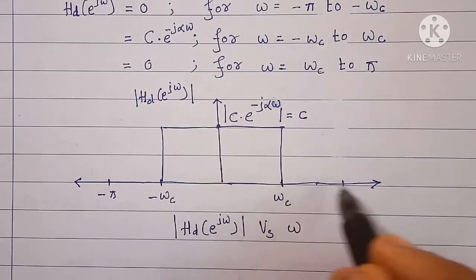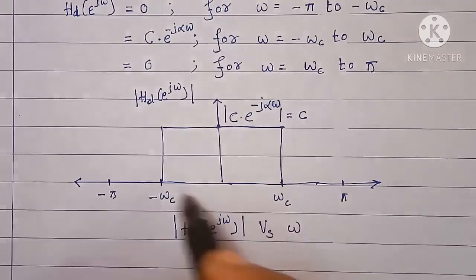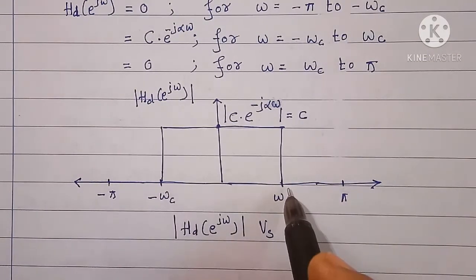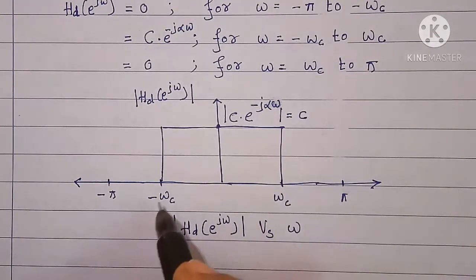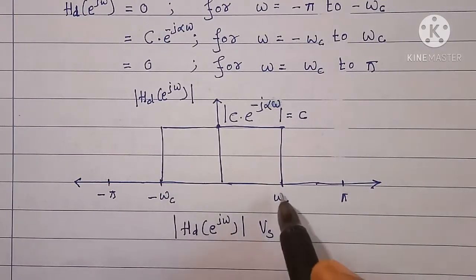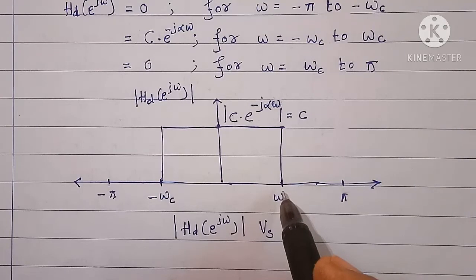And again from omega c to pi, the magnitude is equal to 0. So from minus omega c to omega c we are having the pass band. So minus omega c and omega c here are the passband edge frequencies.